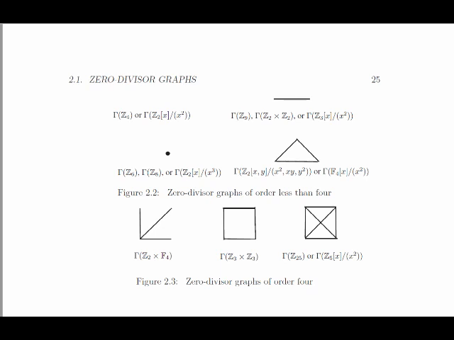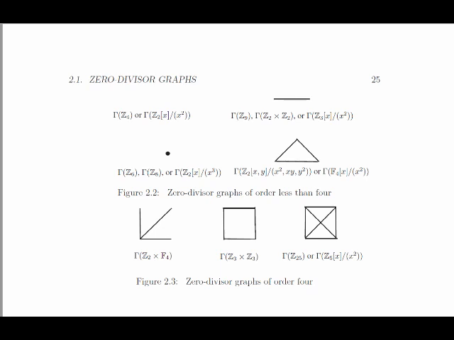So maybe difficult, not difficult, but these are the only rings where the zero divisor graph will give you one edge. And notice none of these rings are isomorphic. So maybe we already answered the question. If the zero divisor graphs of two rings are isomorphic, does it mean the rings are isomorphic?